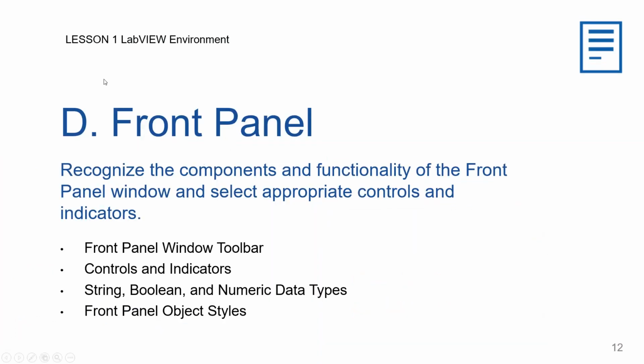Now we will discuss in detail about front panel. We will understand components and functionality of front panel window, and how to select appropriate controls and indicators. And we will discuss about front panel window toolbar, control and indicators, string, Boolean and numeric data types, and finally front panel object styles.